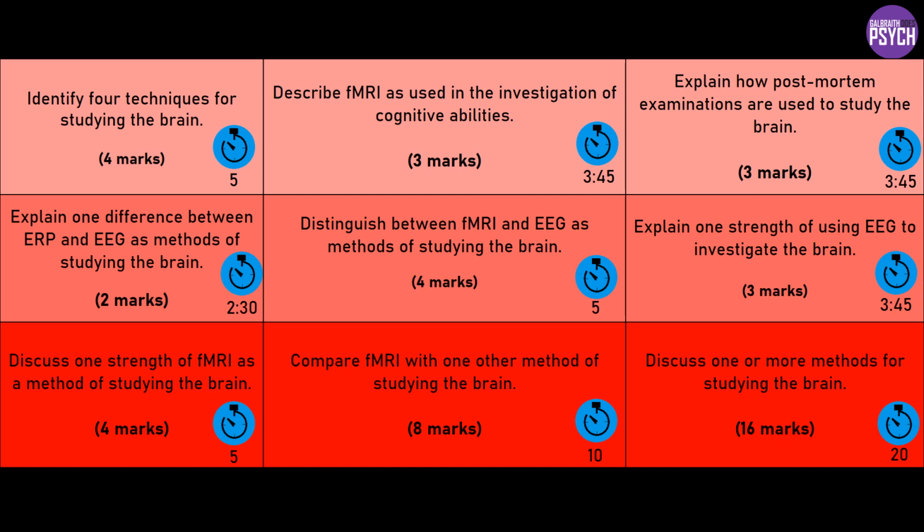Okay, so fMRI measures brain activity by detecting changes in blood flow. Basically, when your brain is doing something, your neurons, your brain cells, require oxygen, and they don't have a big store of it. So that oxygen has to come in from the blood.